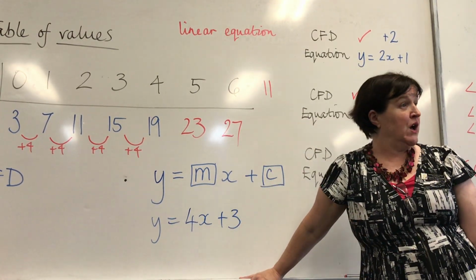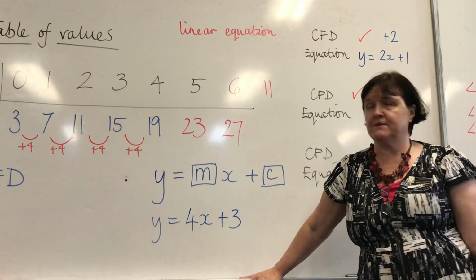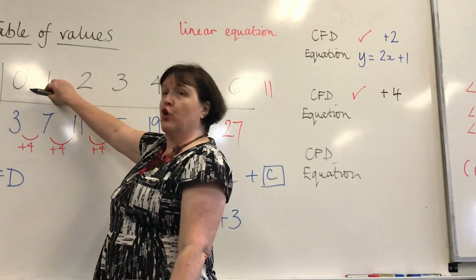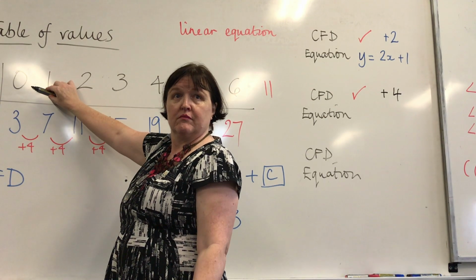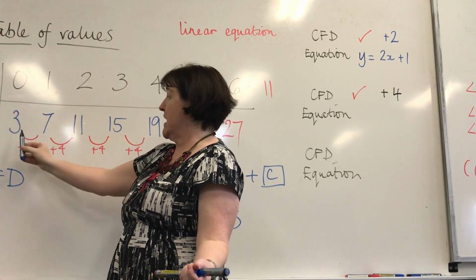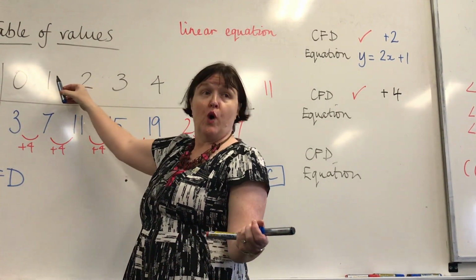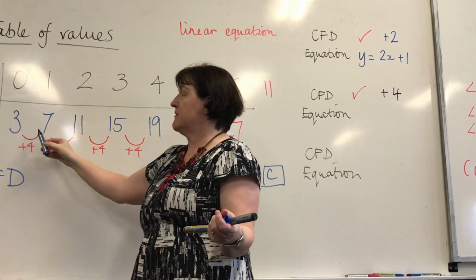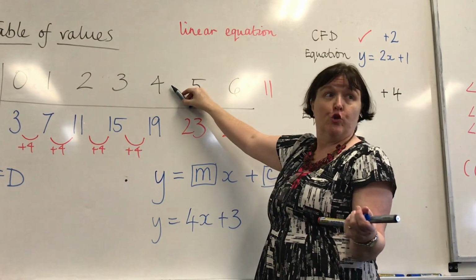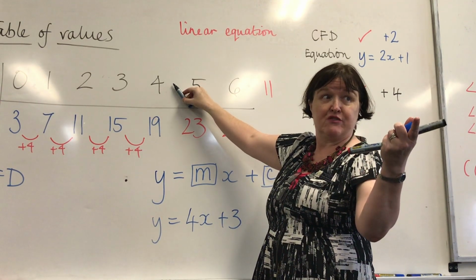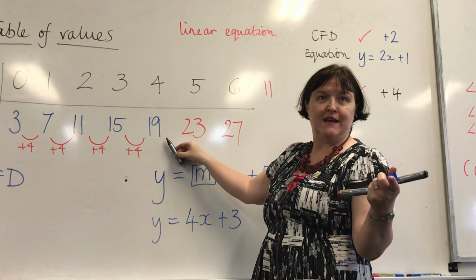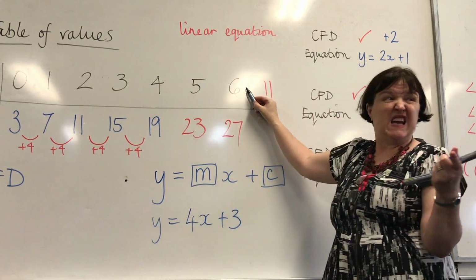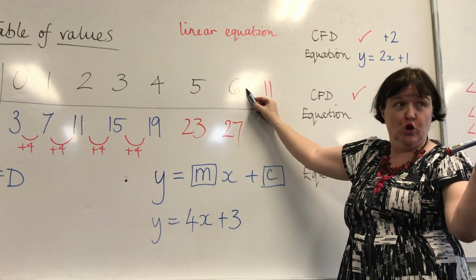So shall we see if that works? What's 4 lots of 0? 0. Add 3? 3. 4 lots of 1? 4. Add 3? 7. Okay, let's go to here. 4 lots of 4? 16. Add 3? 19. 4 lots of 6? 24.